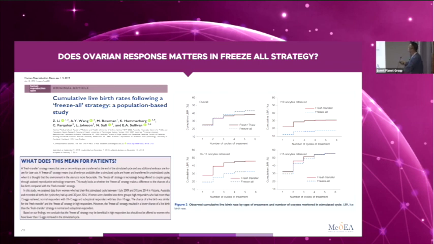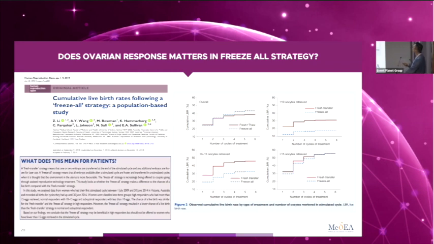And how about your normal responders, the ideal ones that we want to have, with 10 to 15 oocytes retrieved? You also continue to see a difference in the cumulative live birth rate. The brown line is still higher for fresh transfer in women with a good normal response.